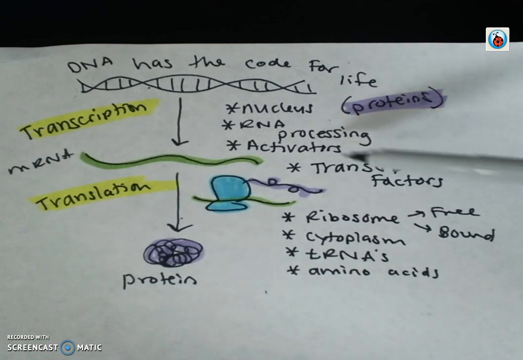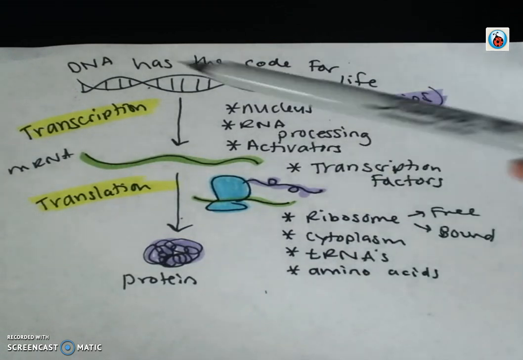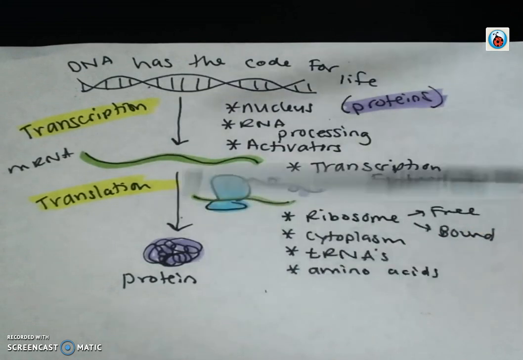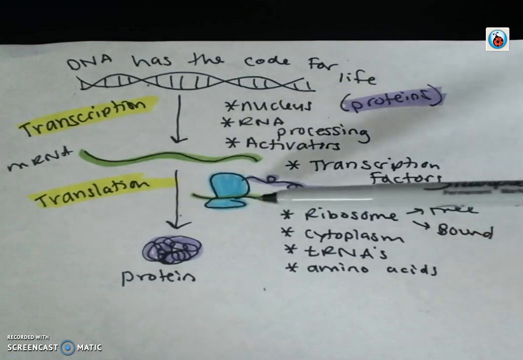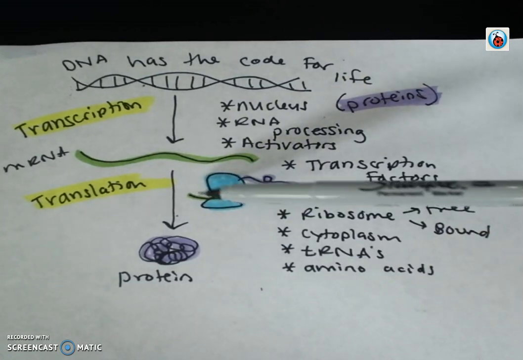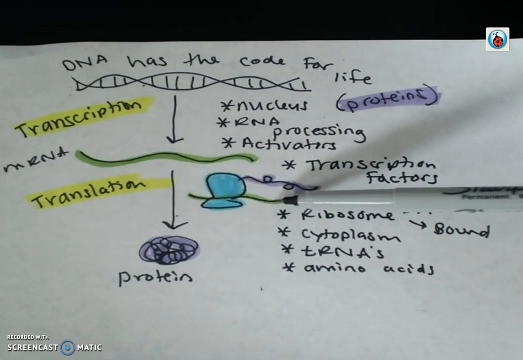We use activators and general transcription factors to all make transcription happen. We get our messenger RNA that during the process of translation on a ribosome, the ribosome will read this mRNA in groups of 3 called codons.